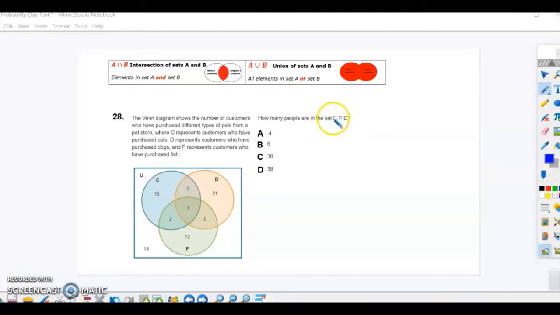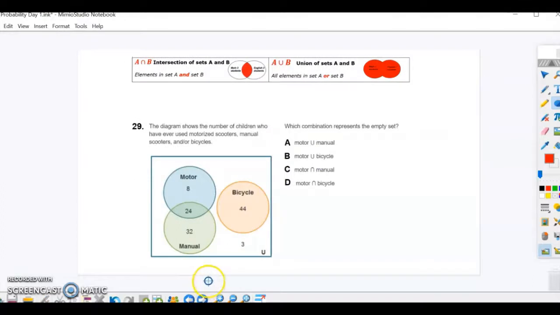That means the intersection of C and D, or you could say the numbers that are in both C and D. So figure out how many total people are in C and D. The intersection of C and D would be these 3 and this 1. So all of these 4 people in the intersection of C and D, that would be cats and dogs. There were 4 people who purchased a cat and dog.